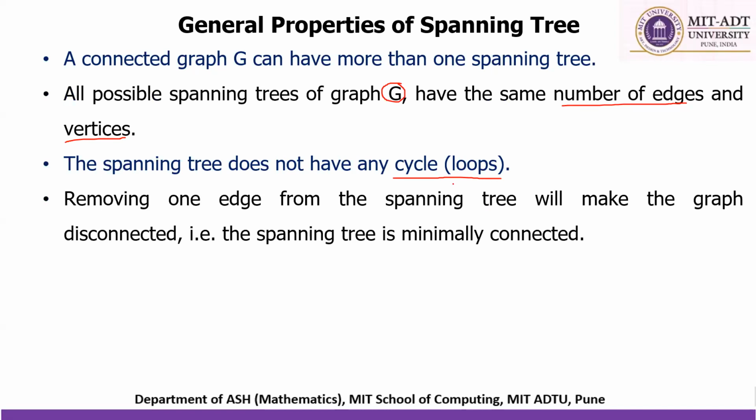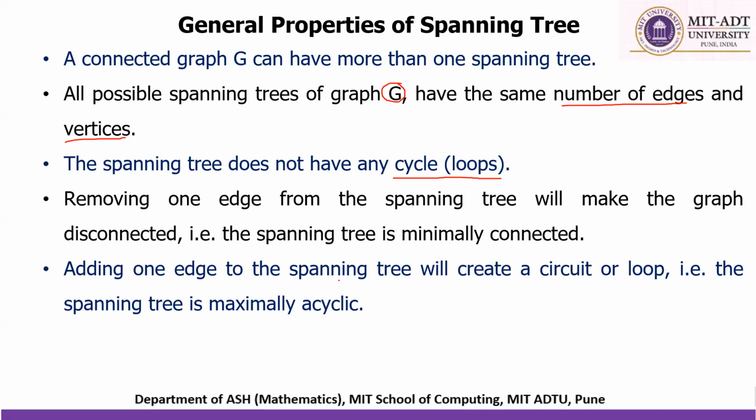Next property is removing one edge from the spanning tree will make the graph disconnected. That is, a spanning tree is minimally connected. If we remove any edge of the tree, then it will be disconnected.